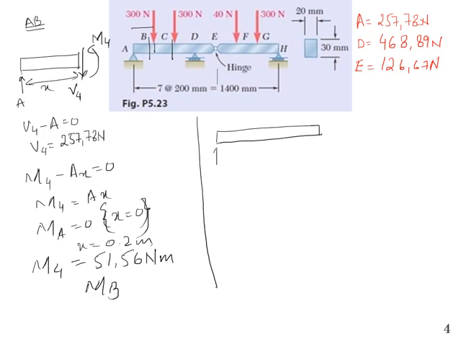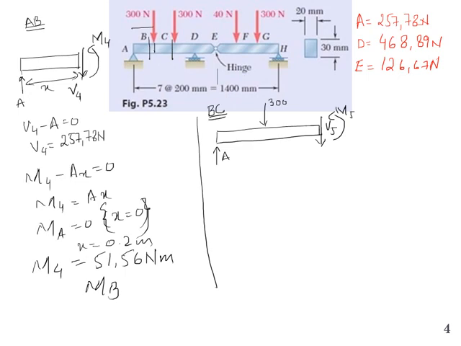So we have A, we have 300 Newton acting downward at B, and we take a section just before C. So we have a shear force acting downward. Let me write V5, and let's take moment as M5. And this is valid for segment BC.